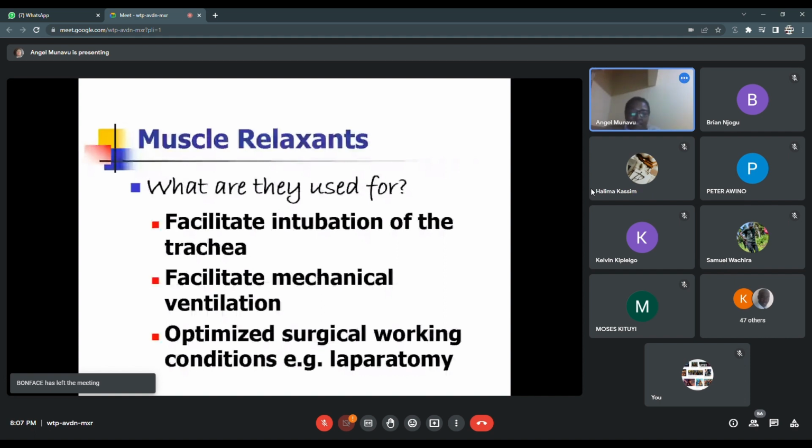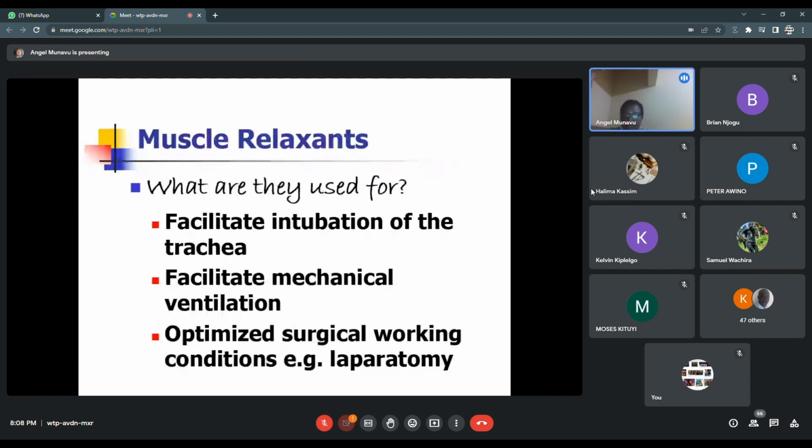Then the other use of these muscle relaxants is that they optimize surgical working conditions. Remember, I've told you for surgeries in the chest and in the abdomen, the surgeons need a good working condition where the muscles are really relaxed. He can retract them and get to whatever organ he needs to work on, especially for surgeries like laparotomy and thoracotomy, where you have to stretch the muscles between the ribs so that you can get into maybe the lungs or the heart you are working on.